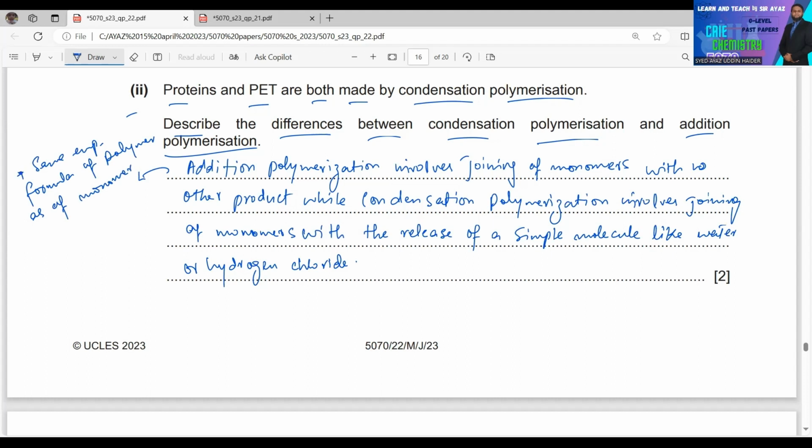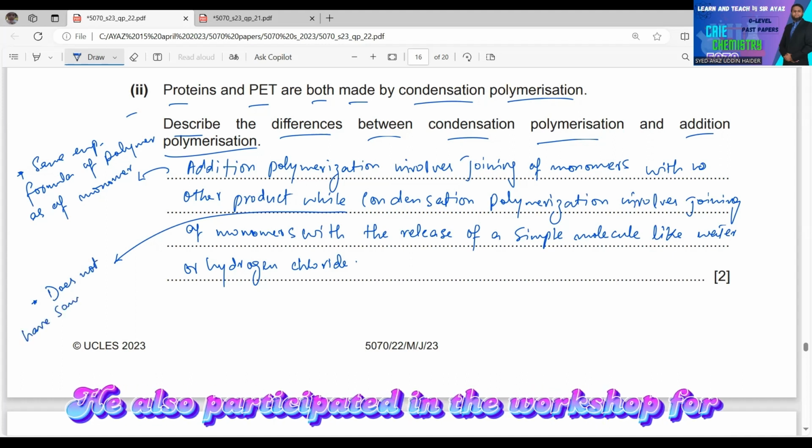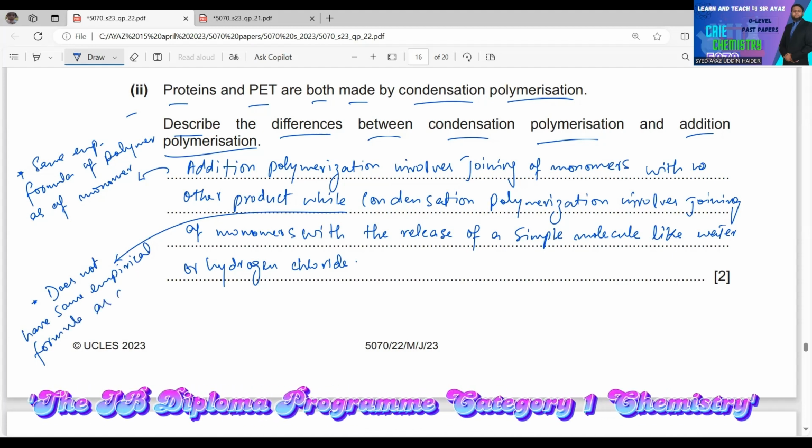In case of condensation, it does not have same empirical formula as of monomer.